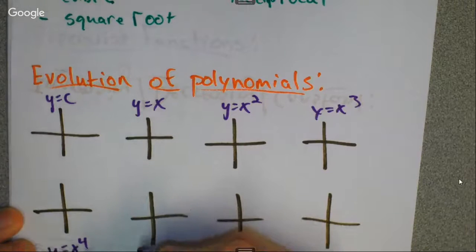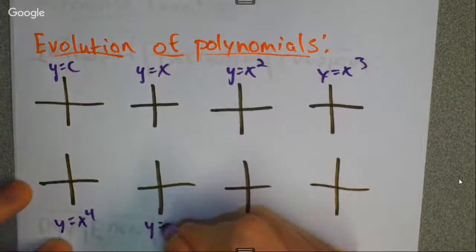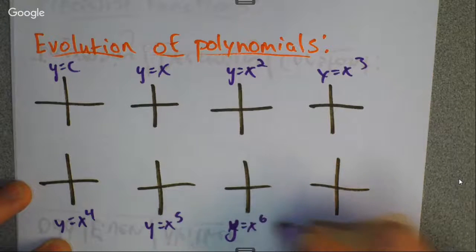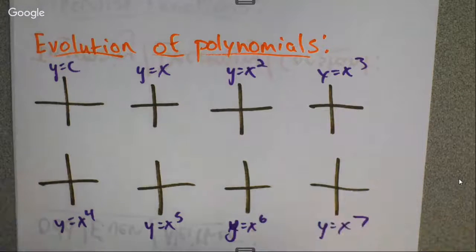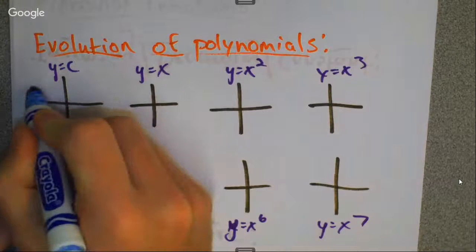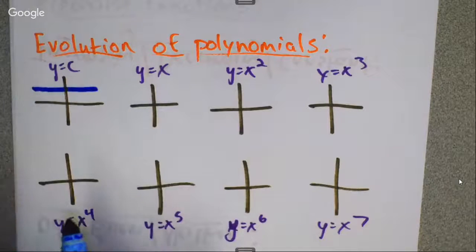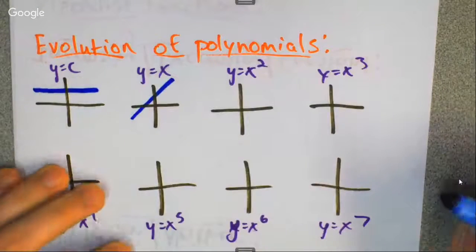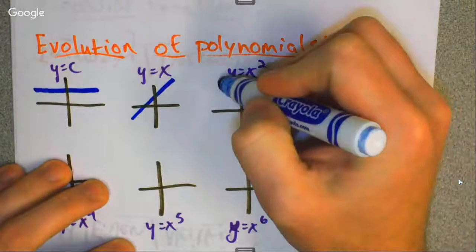And then the fifth. Okay, so for the constant, that's just a y equals, that's a horizontal line. Okay, for y equals x, then we tilt the line. Okay, x squared becomes a parabola.